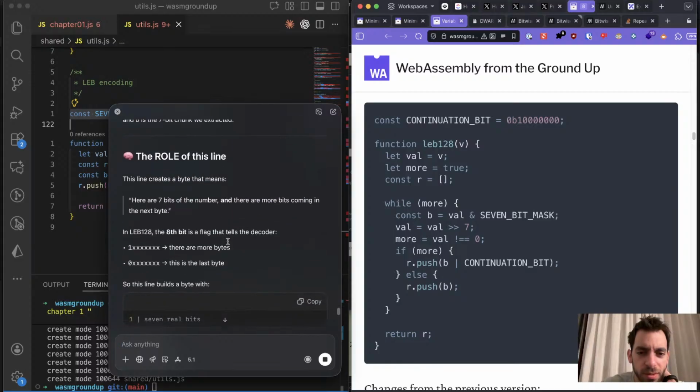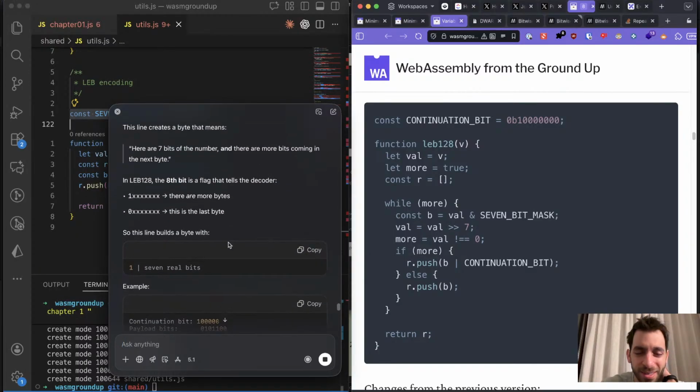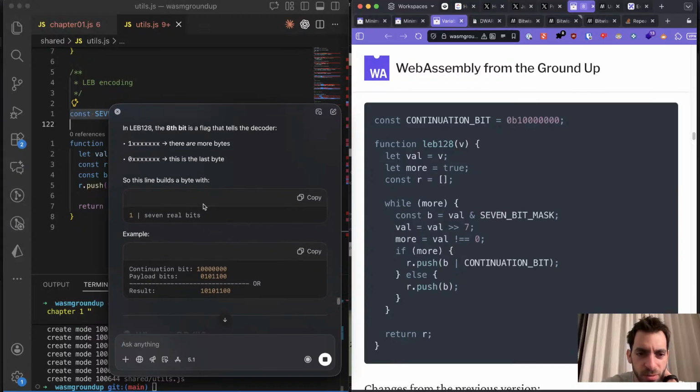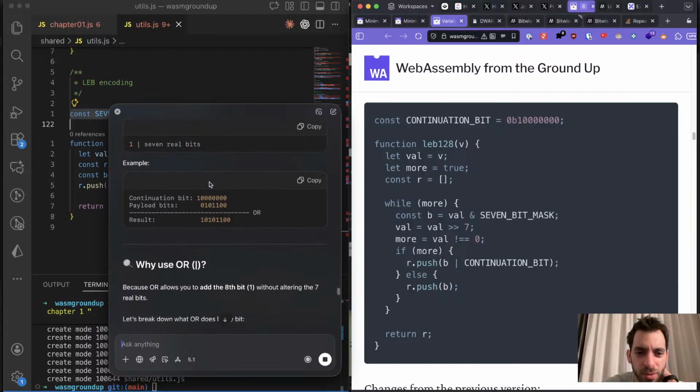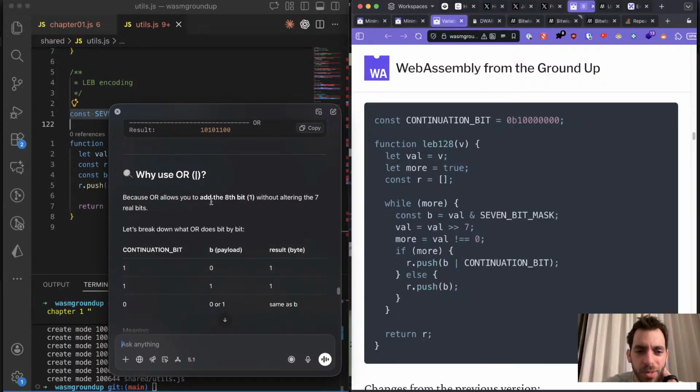Here are 7 bits, and there are more bits coming in the next byte. In LEB128, the 8th bit is the flag. We understand this. So this builds a byte with 7 real bits plus the continuation bit. Why use OR? This is the thing, because OR allows you to add the 8th bit without altering the 7 real bits.